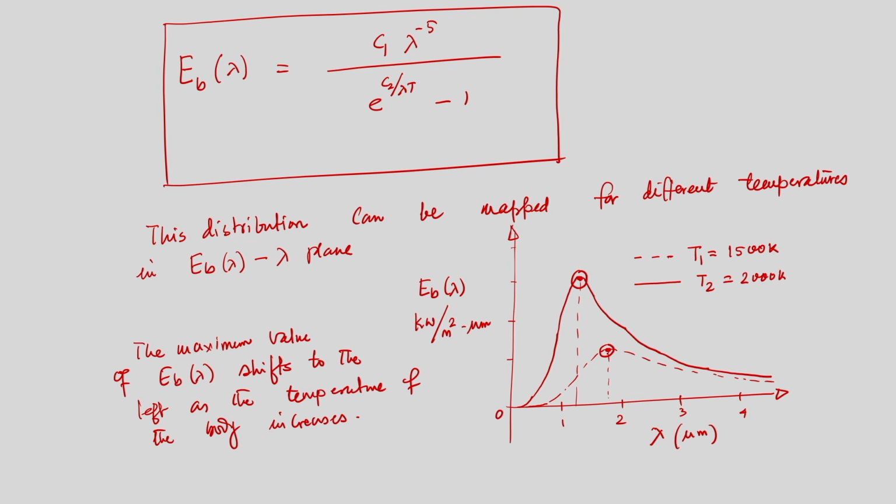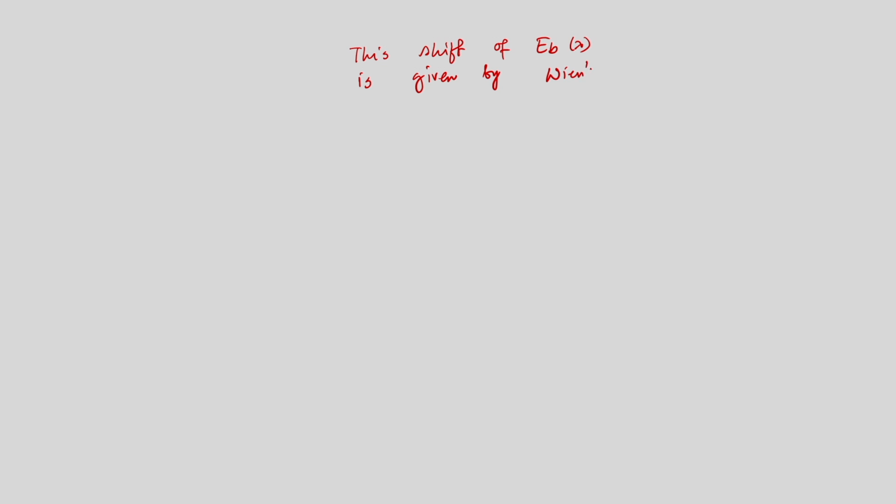So, as the temperature of the body increases, this shift of E_bλ is given by Wien's law.